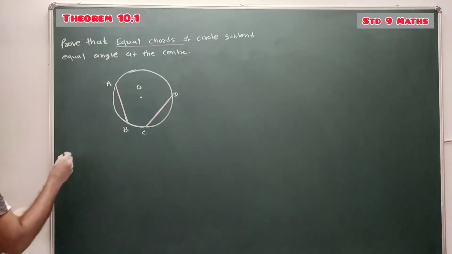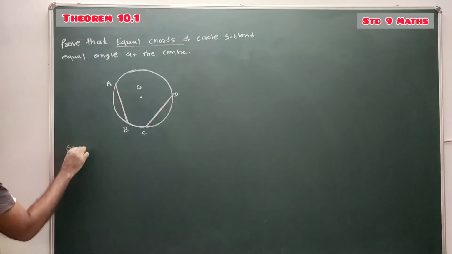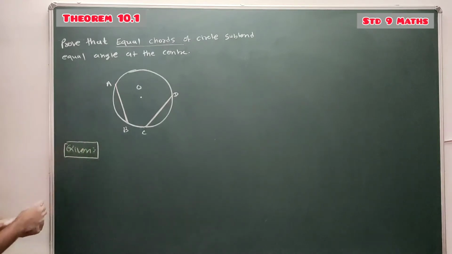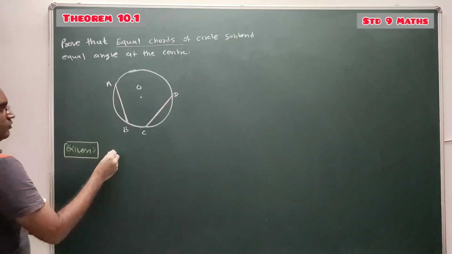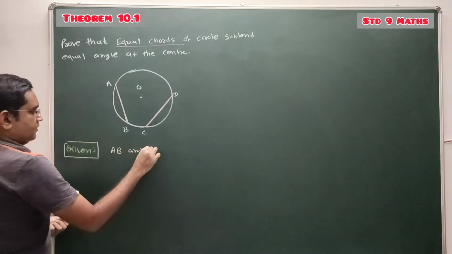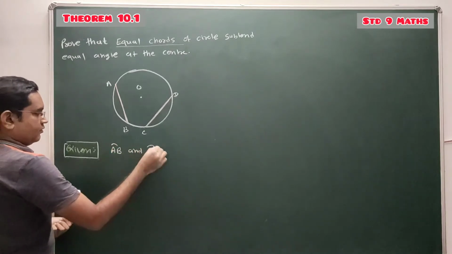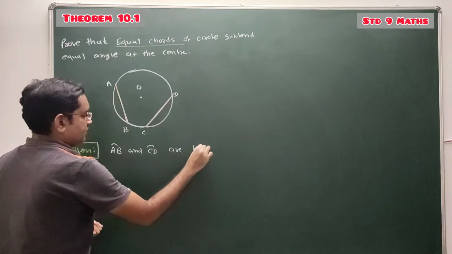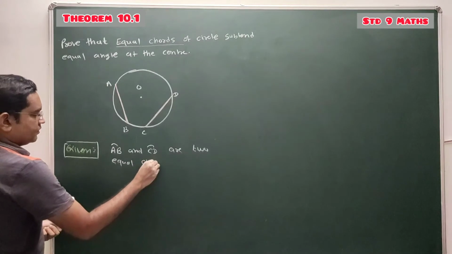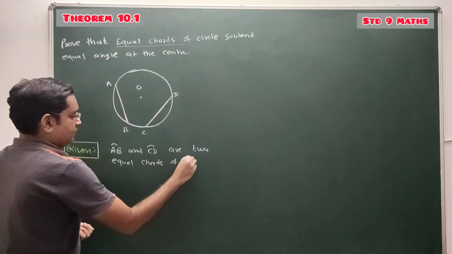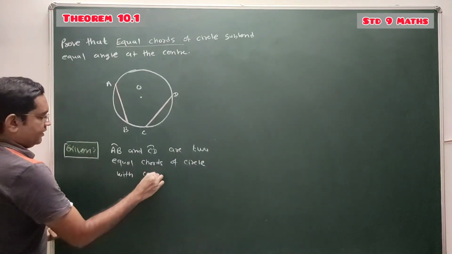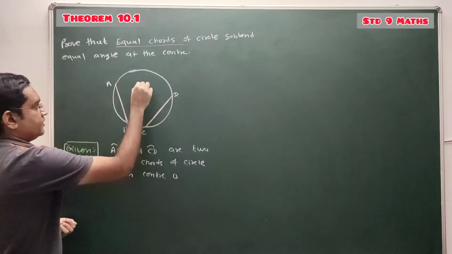So first we will write the given. What are we given? AB and CD are two equal chords of circle with center O. So chord AB and chord CD are two equal chords of the circle with center O. Here the circle with center O is given.